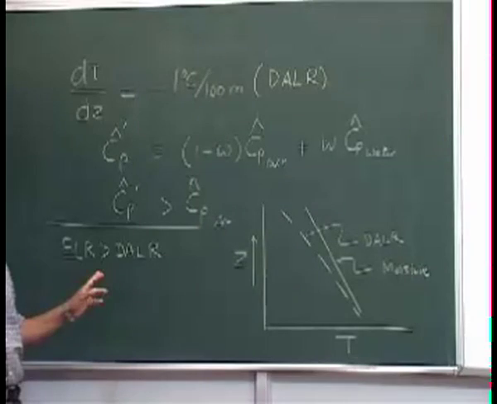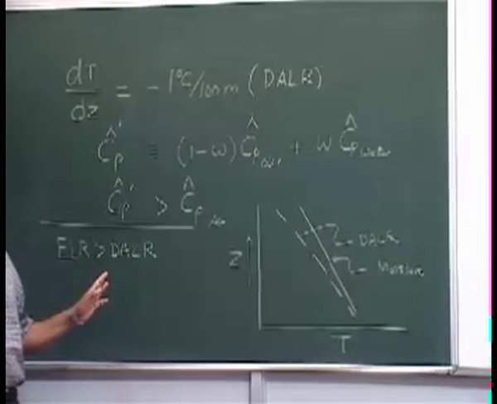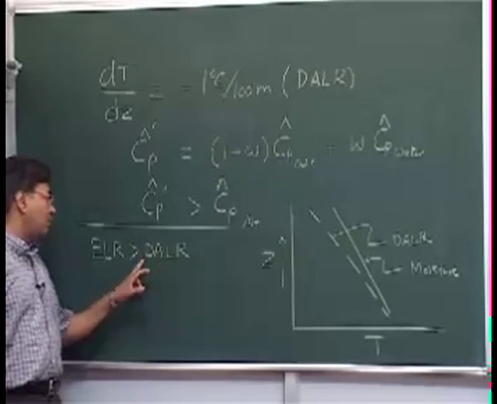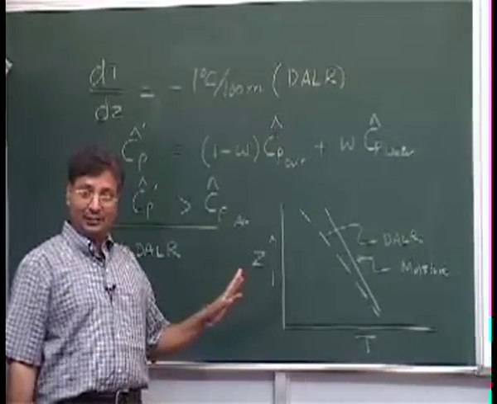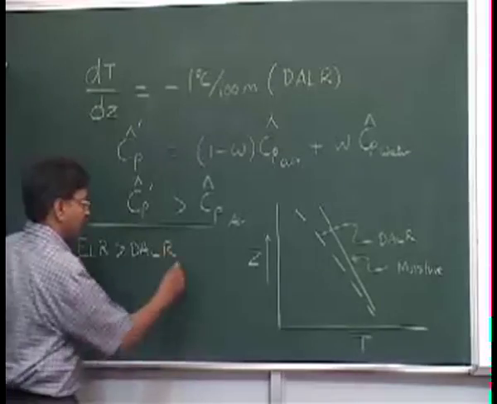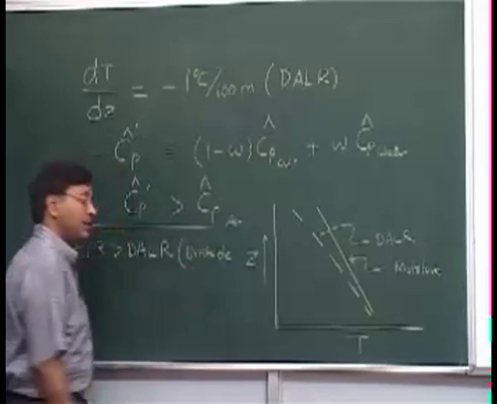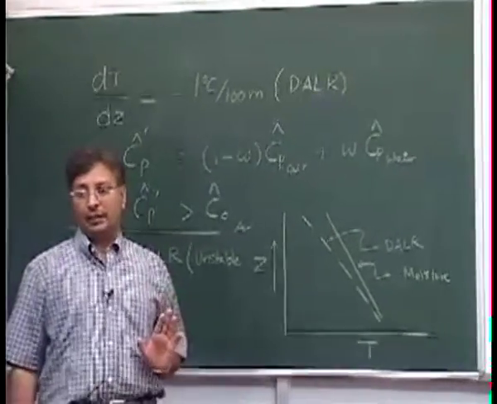The other important thing we came up with was: if ELR is greater than DALR, what did we say the atmosphere was? If the ELR, the environmental lapse rate, is greater than DALR, what did we call that? Unstable. So this is unstable. There is another name given to the same condition, which we call super adiabatic.